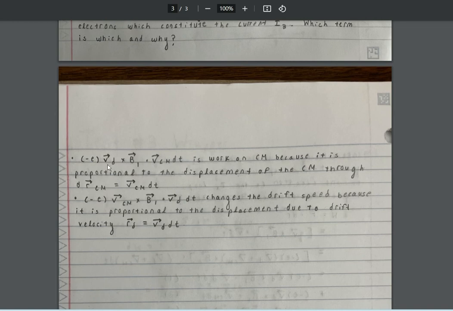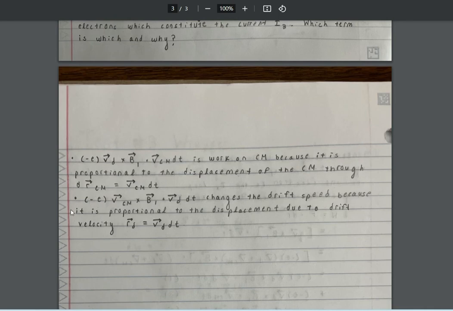So we're using the cross product of the drift velocity and the magnetic field to determine the work on the center of mass, because it's proportional to the displacement of the center of mass, where dr of the center of mass is equal to the velocity of the center of mass times dt.